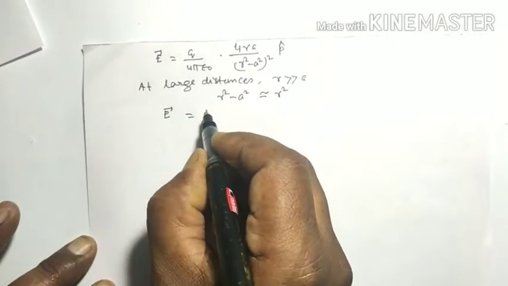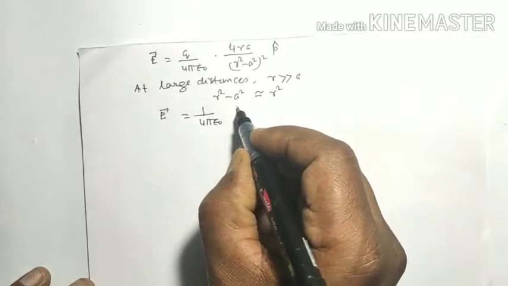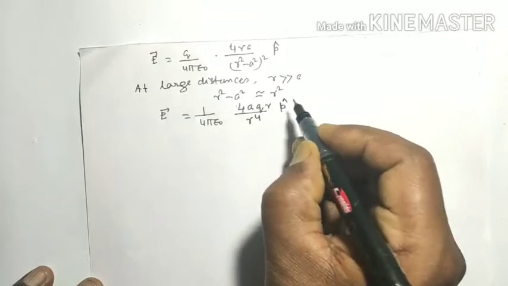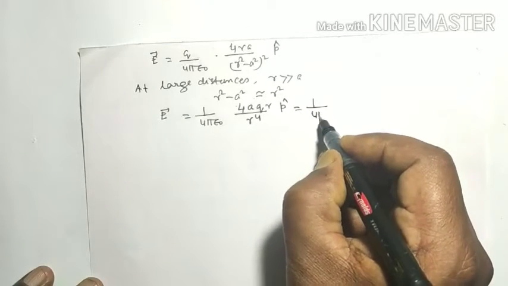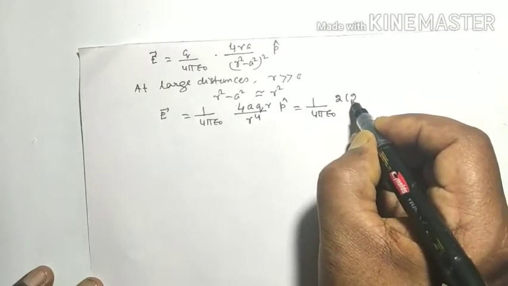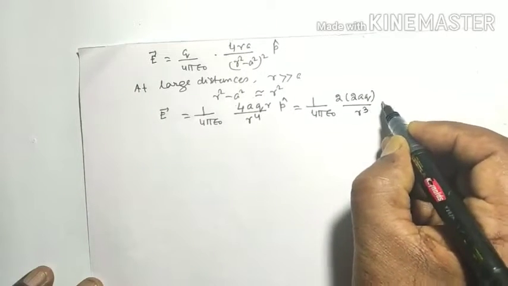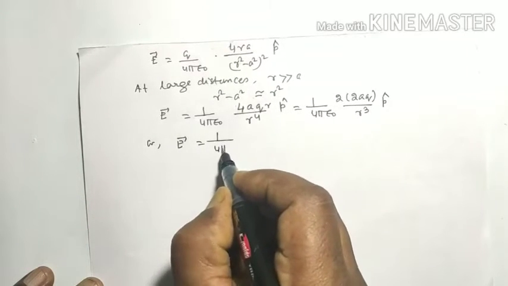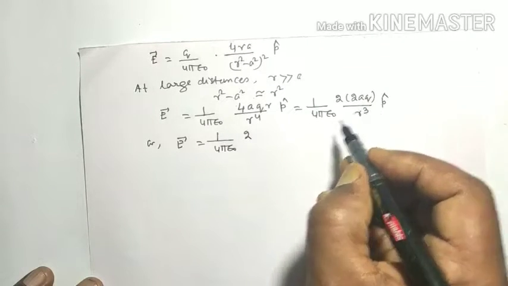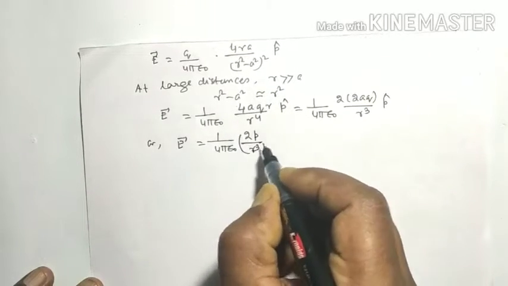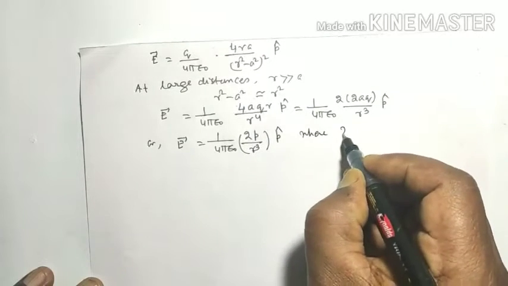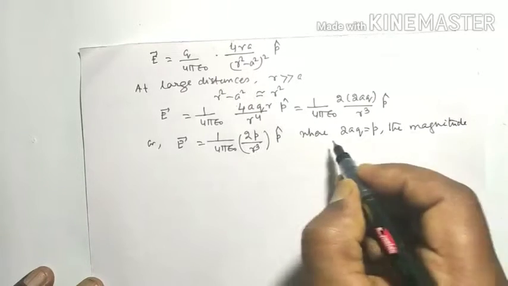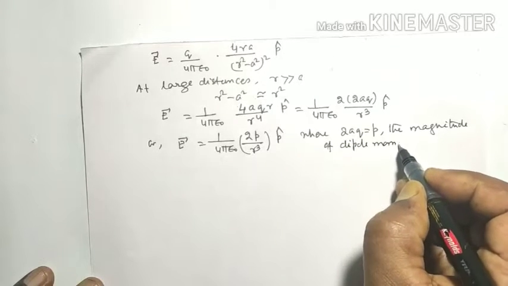So E equal to 1 by 4 pi epsilon 0 into 4aQr by r to the power 4 into p cap, that is equal to 1 by 4 pi epsilon 0 into 2 into 2aQ by r cube into p cap, or we can write E equal to 1 by 4 pi epsilon 0 into 2p by r cube into p cap, where 2aQ is the magnitude of dipole moment vector p.